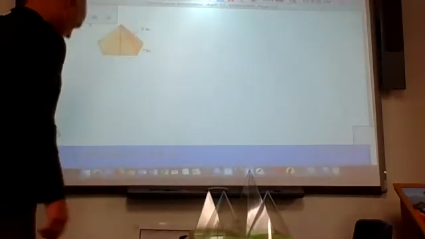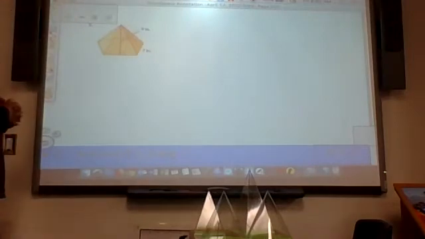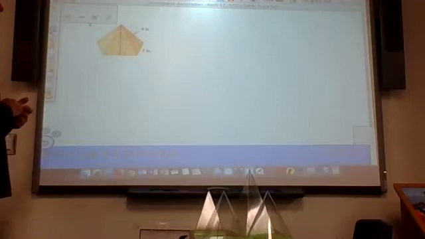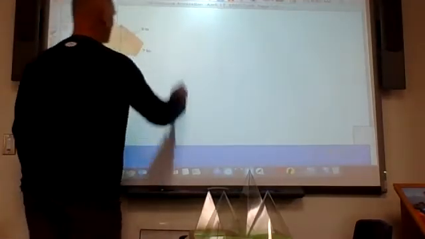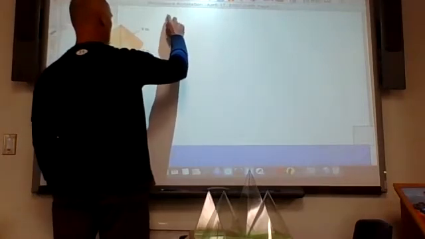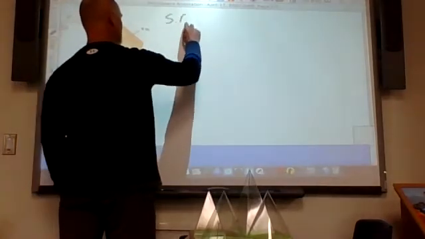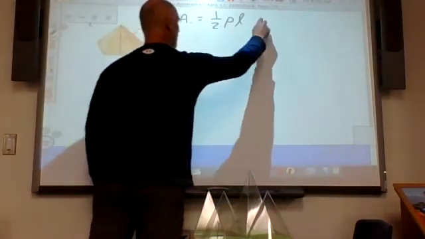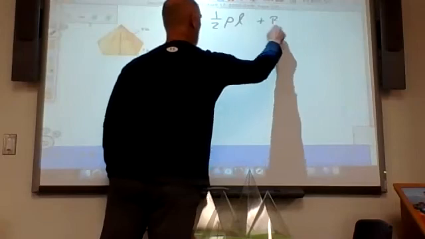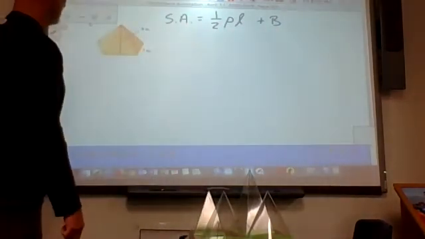Okay, now we get to another pyramid. Now this is a little trickier because it now has a regular pentagon as a base. So again, I need the lateral area and surface area. So I'm just going to write down the surface area formula because I know this part is the lateral area.